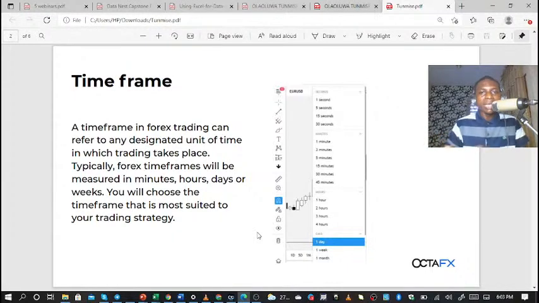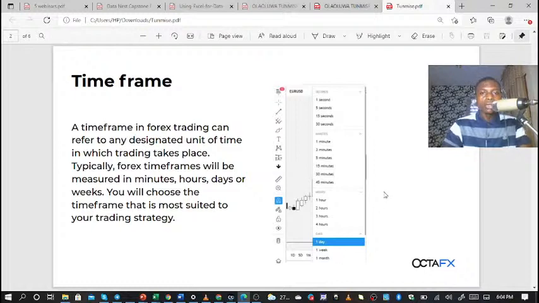So in Forex, time frame is the designated unit of time in which trading takes place. From what you can see here, we have 1 second, 5 seconds, 15 seconds, 30 seconds, 1 minute, 3 minutes, 5 minutes, 15 minutes, 30 minutes, 45 minutes, 1 hour, 2 hours, 3 hours, 4 hours, 1 day, 1 week, 1 month.